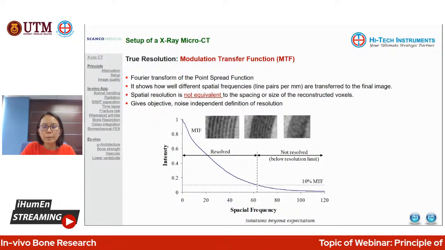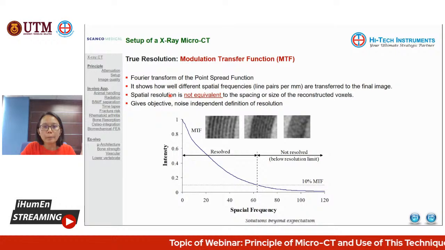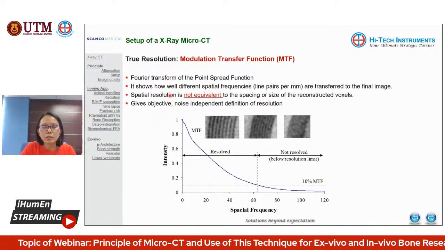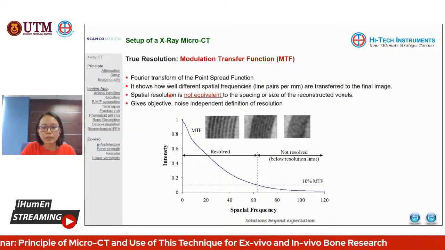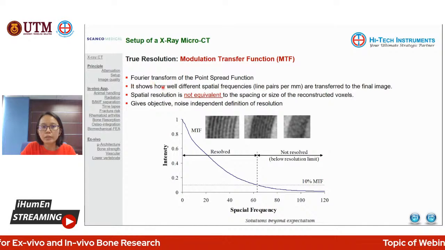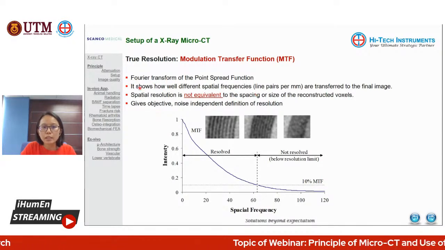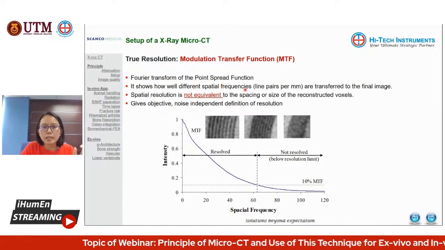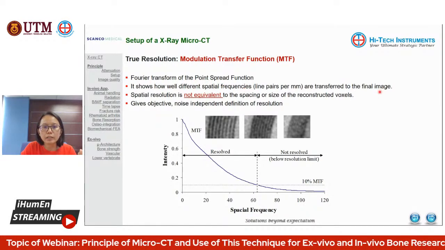This MTF is commonly used even when you buy a camera or any sort of MicroCT. You can define it as the Fourier transform of the point spread function, and it shows how well the spatial frequencies are transferred to the final image.